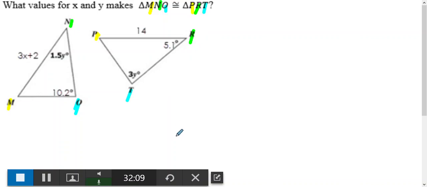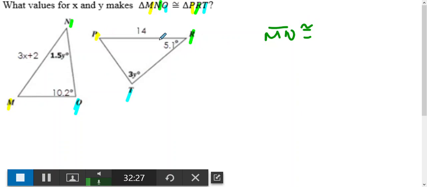Why don't we focus on finding the x first? We want to know what side we can line up with MN. So we have MN, we want to know what it's congruent to. So it's a yellow and a green.